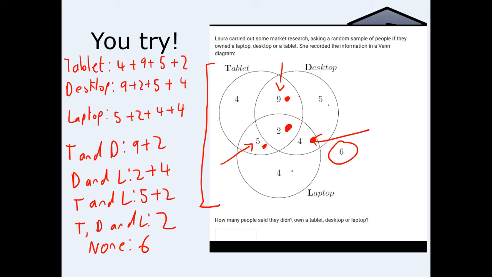Okay, so it's worth just taking a bit of time and having a little look at the Venn diagram and see if you can work out for yourself which thing means which. Okay, so you know everything you need to know now to have a go at the big task and help Barbara solve her social media problems.